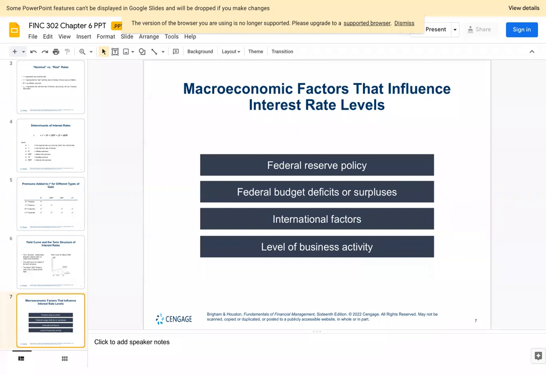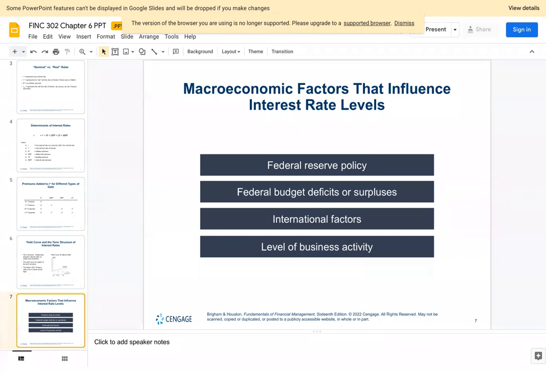International factors, what's going on internationally, and the international economy will have an effect on interest rates as well, and even the level of business activity will have an effect. For instance, in 2008, we had the global financial meltdown.